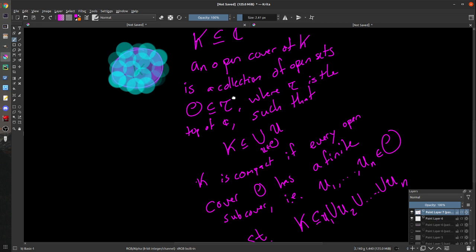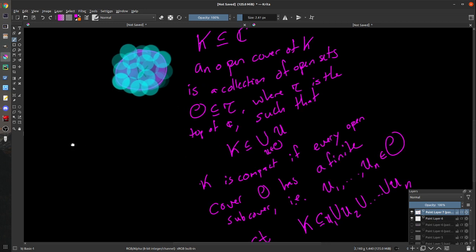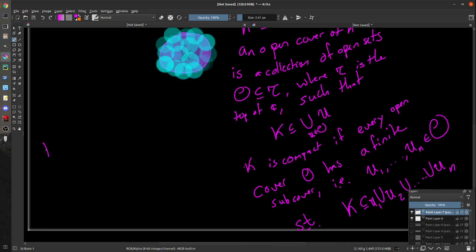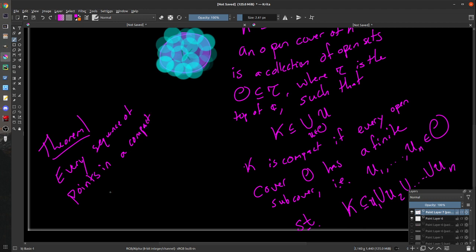Why on earth do we care about compactness? Well, it's for this very important fact. This is a wonderful fact, theorem, and I believe this is summarized in proposition 1.4.18. Here, every sequence of points in a compact set K has a convergent subsequence.